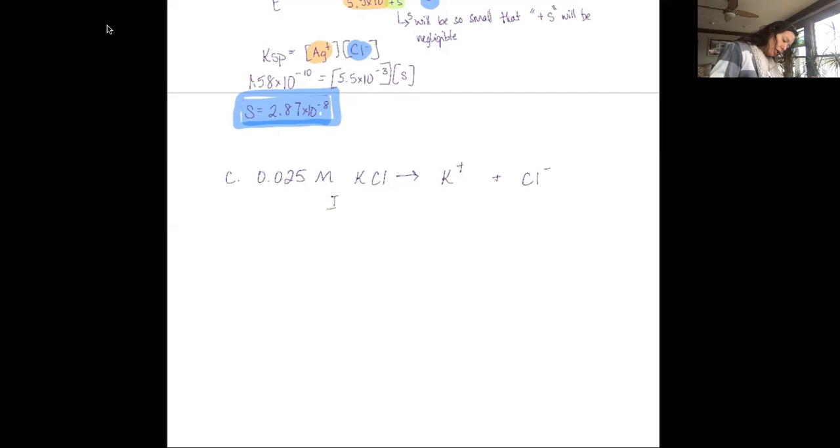So initially, change, equilibrium. What that means is initially I have all of this. You should already know this. I will lose all of this and none of it will remain. And I will gain this in a 1-to-1-to-1 relationship.